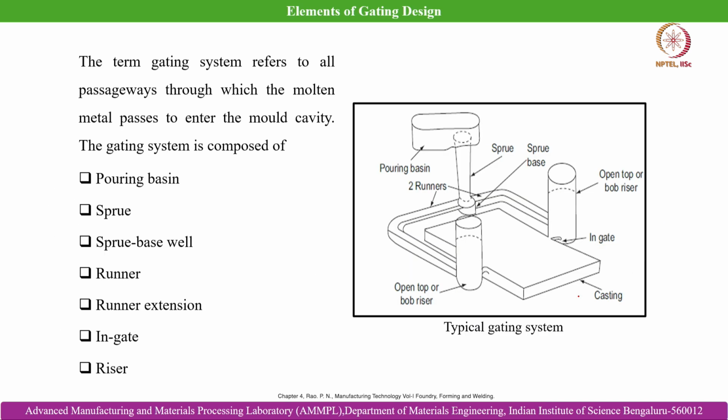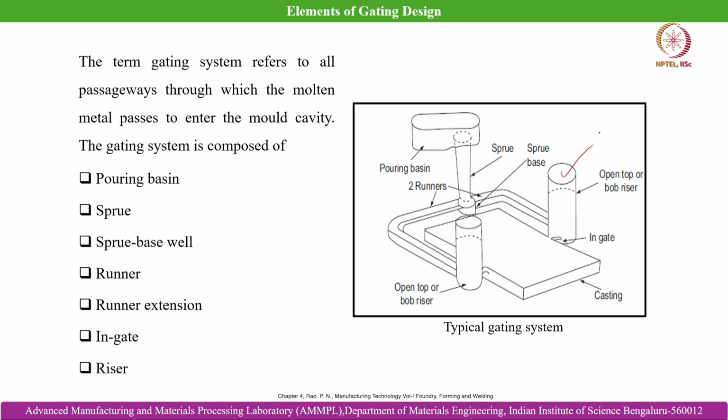Okay. Now we will go into the individual functional parts of the gating system. Like we have discussed before, the functional parts are the sprue, pouring basin, sprue base well, runner extension, ingate and riser, which are systematically shown here. These are the open or top risers, which are open to the atmosphere.